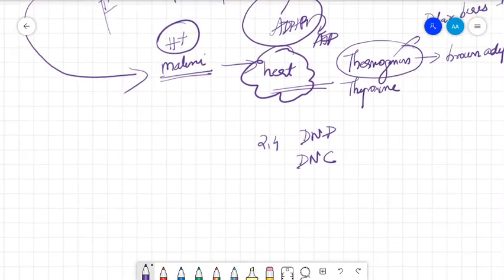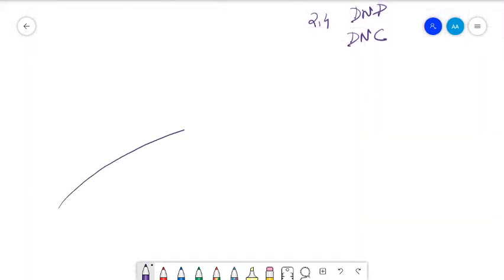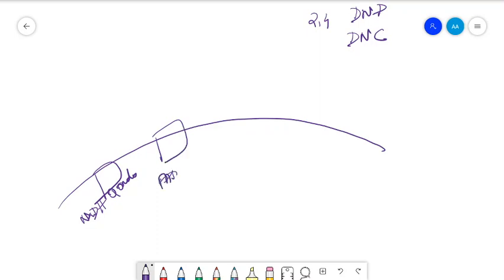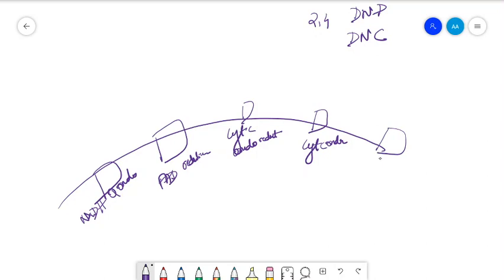So that is in brief about the electron transport chain. The four complexes: NADH-Q oxidoreductase, then succinate-Q reductase (FADH2), then cytochrome C oxidoreductase, complex 3, and cytochrome C oxidase, complex 4, and our ATP synthesizing complex, the FOF1 complex.